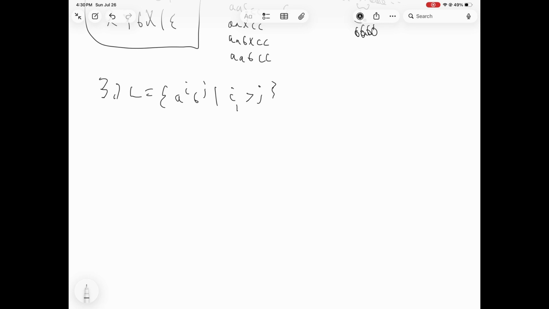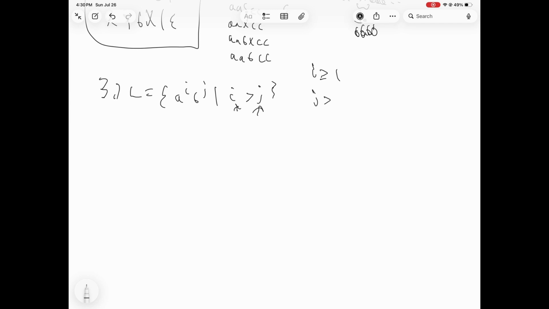When I say I is greater than J, we can't have negative characters in this world, at least to my understanding. But the least something can be is 0, and if I is strictly greater than 0, that means I is greater than or equal to 1. So let's just clarify that.